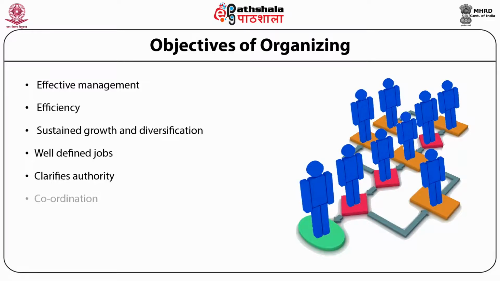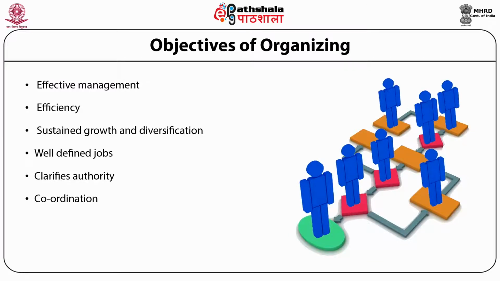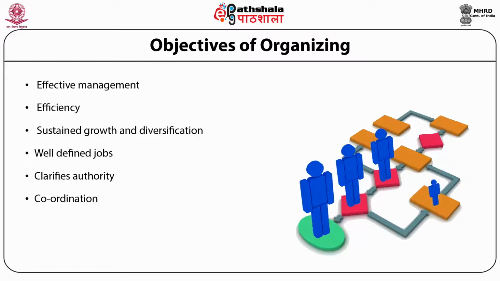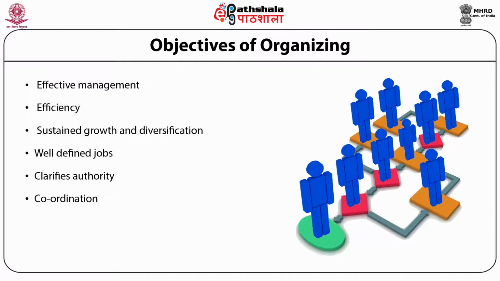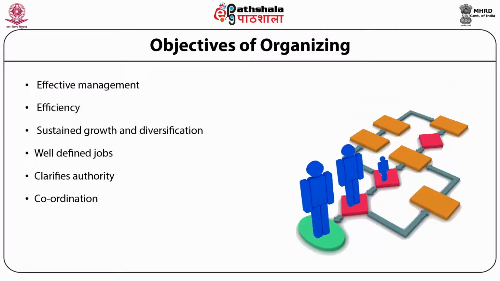Sixth is coordination. Organization coordinates different departments of the enterprise. It establishes relationships among positions and ensures mutual cooperation. Harmony of work is brought by higher level managers exercising their authority over interconnected activities of lower level managers.